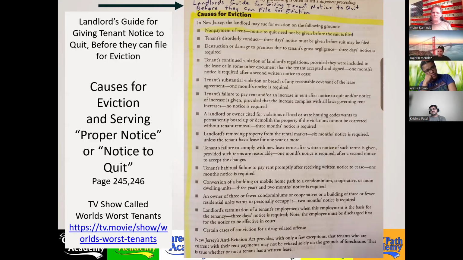They'd talk to people, and then they would serve notices to quit and things of that nature. It was a really entertaining show because it was a compilation of the world's worst tenants and some of the things that they pulled. It was very entertaining. It was reenactments, of course, and it was three people.